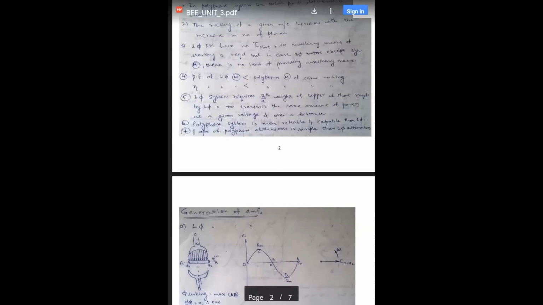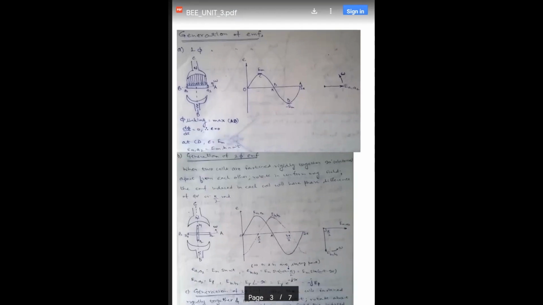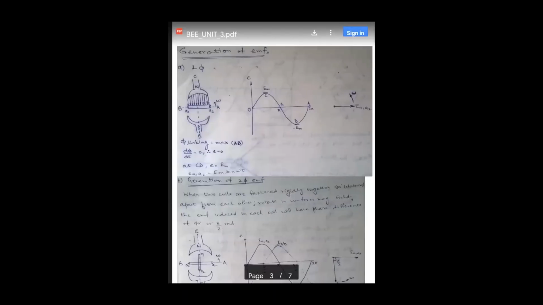And also the polyphase system is more reliable and capable than the single phase system. Parallel operation of polyphase alternators is simpler than the single phase alternators. So the three phase alternators can be joined parallelly for more reliable operation and backup provision.